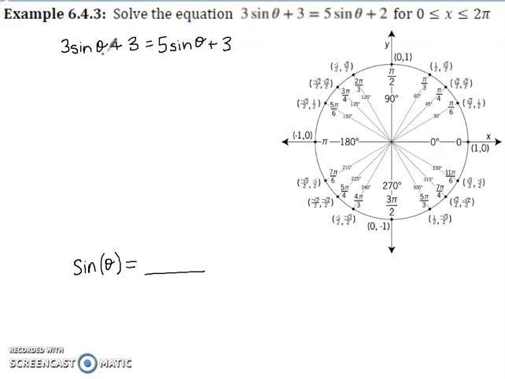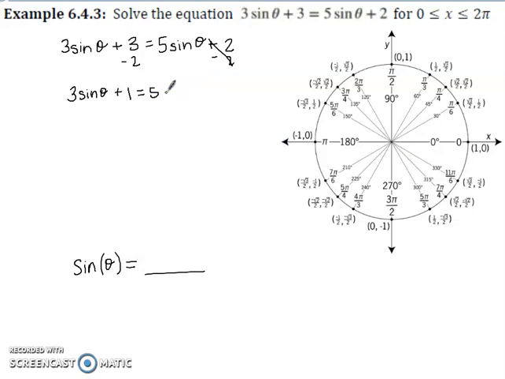So just like in a normal equation, I'm going to go ahead and combine my like terms. I'll start by subtracting 2, just so I keep my numbers positive. Then I've got 3 sine of theta plus 1 is equal to 5 sine of theta.